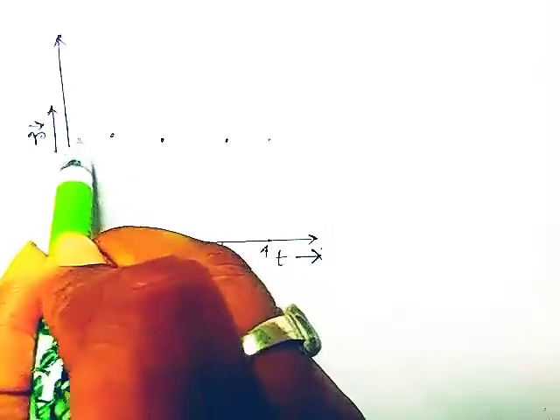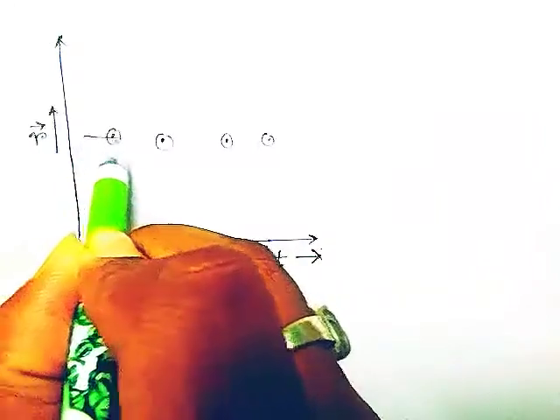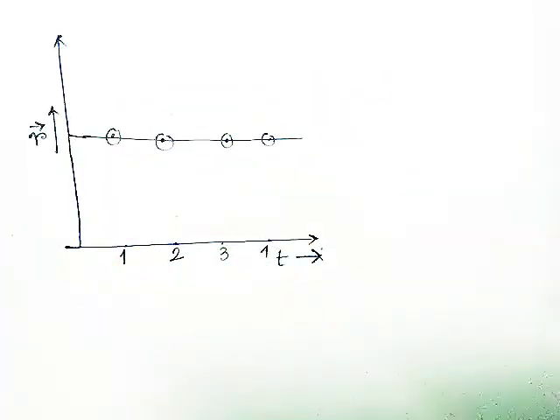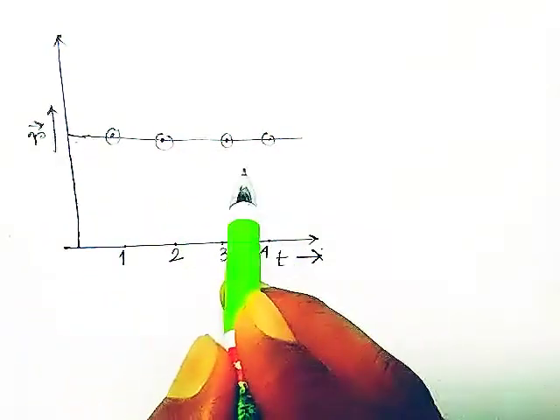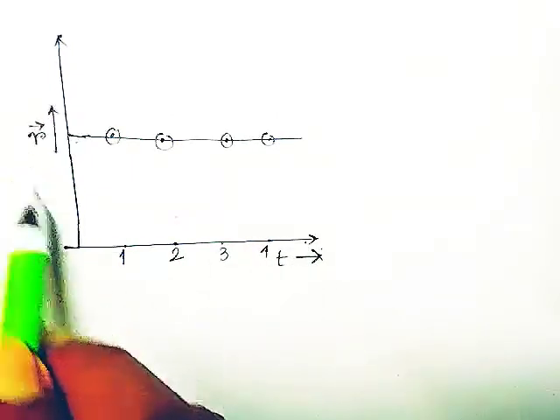So if we try to connect all these points, what will it represent? It becomes a straight line which is parallel to the time axis of the position versus time curve.